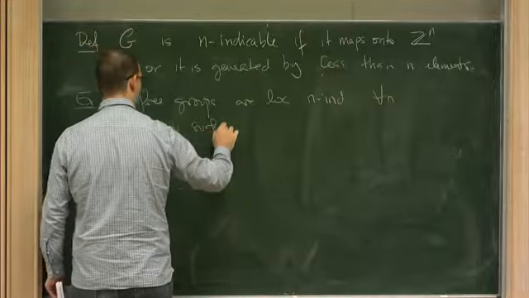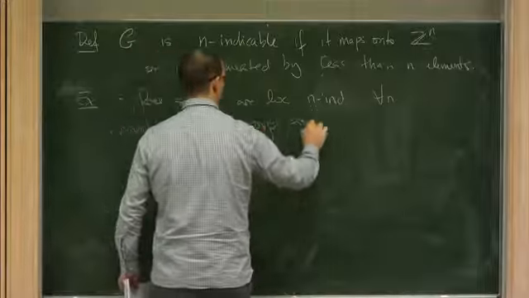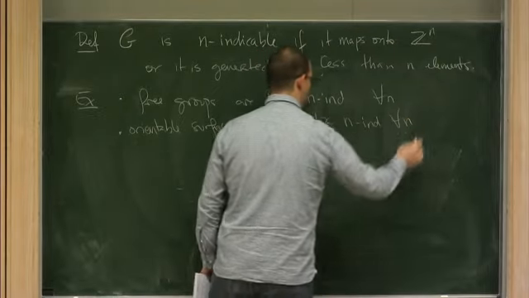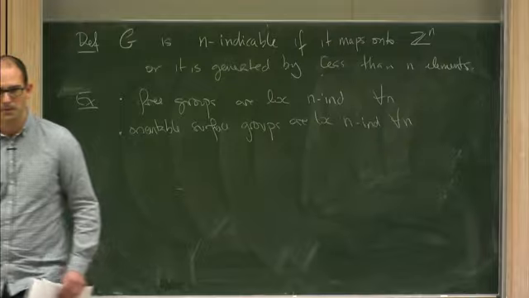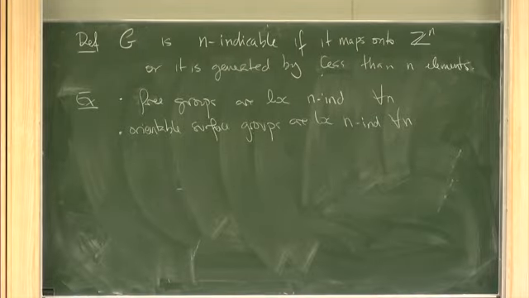Orientable surface groups are locally n-indicable for all n. Okay, because if you have infinite index subgroups, you are free, and that's good. And if you have a finite index subgroup, you are again a surface group, an orientable surface group. And the good thing is that a bound on this is the rank of this subgroup.